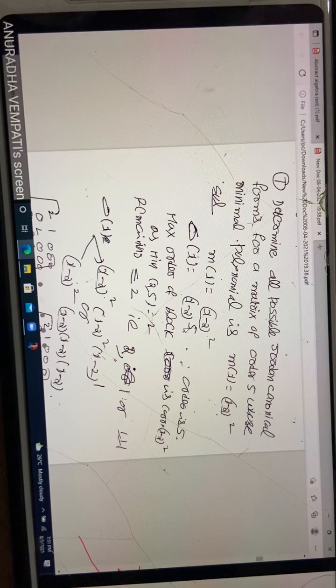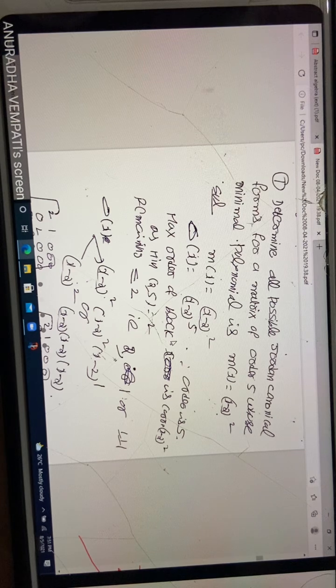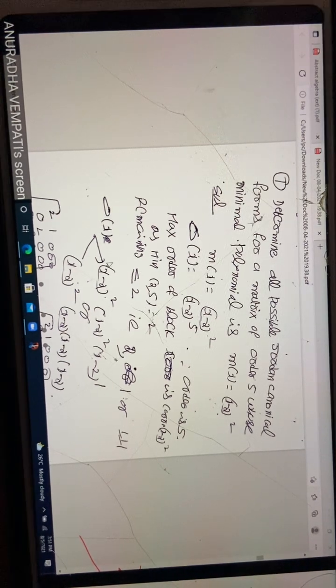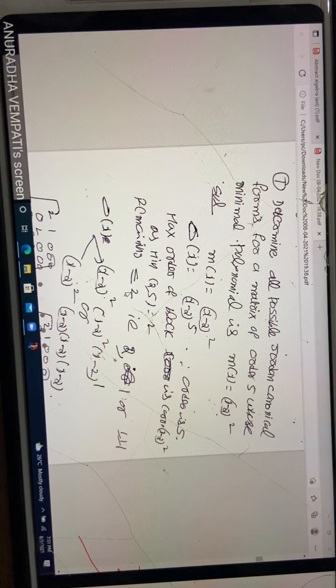But you are having 5 here. Then how to get the remaining? In total we should get a 5 by 5 matrix. We are having only a 2 by 2 block, so the remaining should be less than or equal to 2. That means they should be 2 and 1.